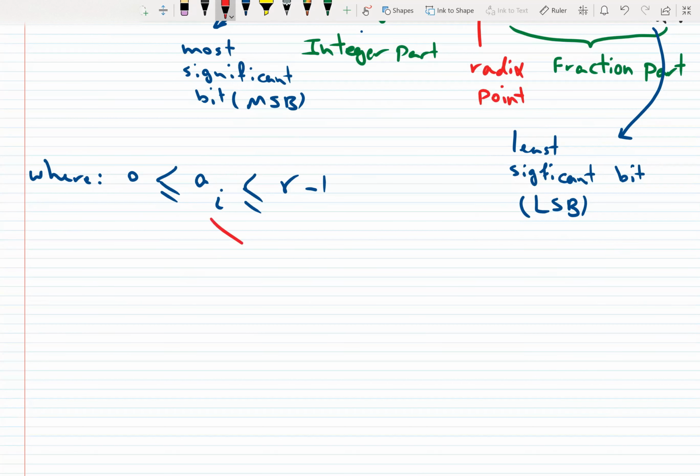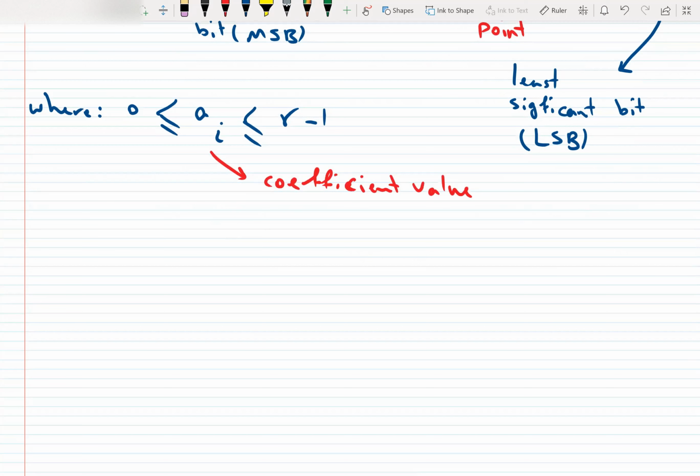We can also call these digits coefficient values. These coefficient values, as I said, are limited. For example, if we are in base 5, the coefficient values are 0, 1, 2, 3, and 4.